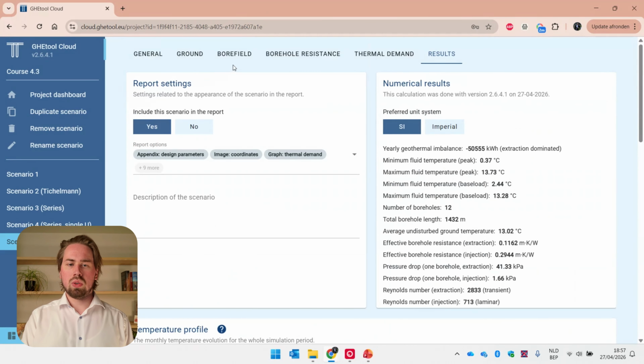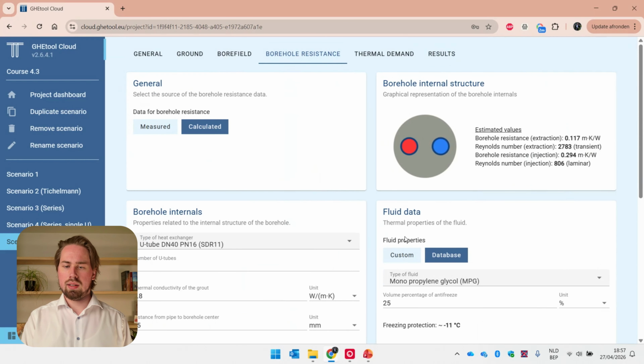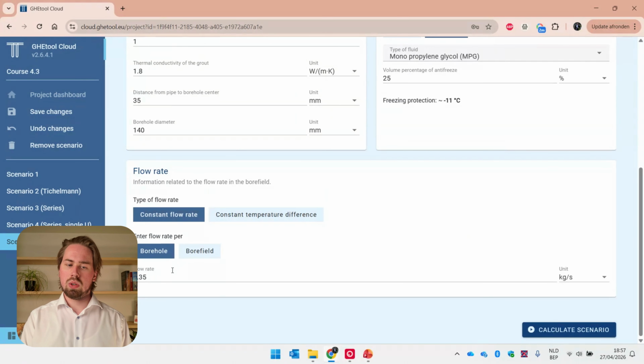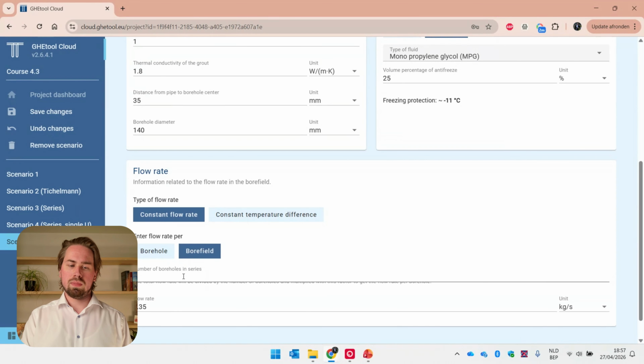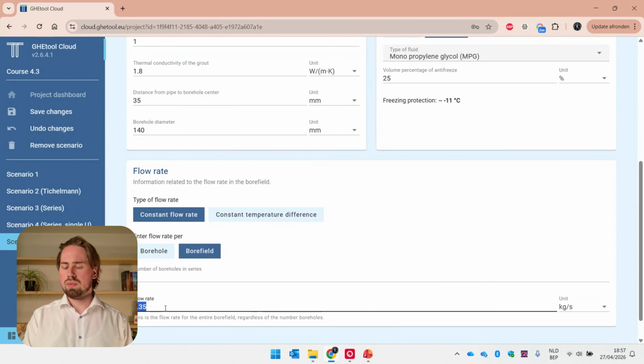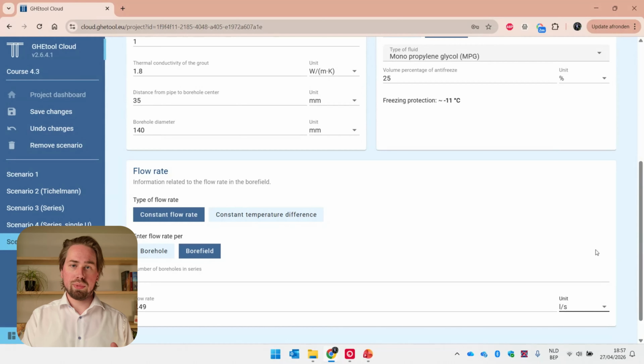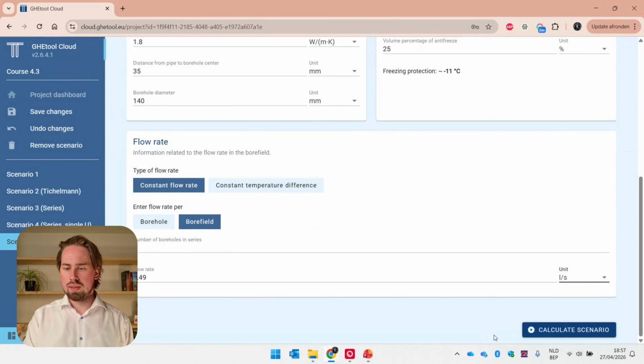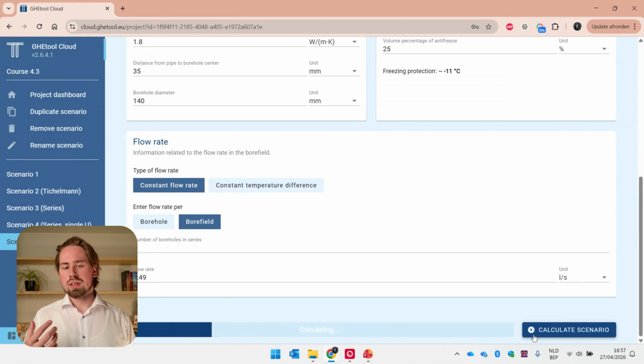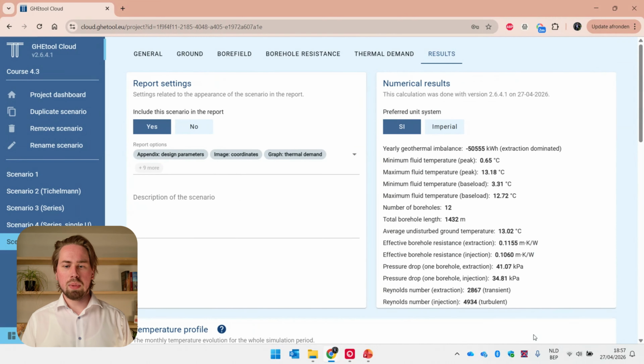So if you now go to our borehole resistance step and scroll down, let's work with this constant flow of, was it 2.49 liters per second, through the entire bore field. Again, two connected in series. Let's calculate this, and then we will see what the estimated pump energy consumption now is.